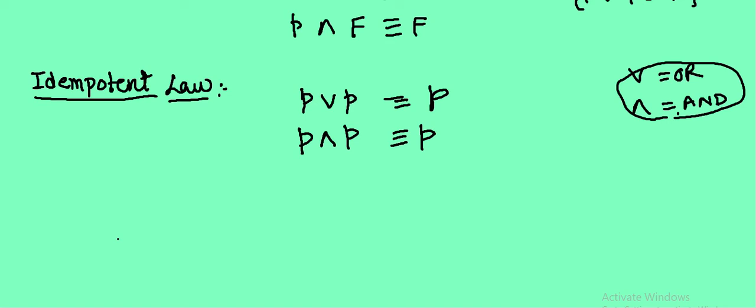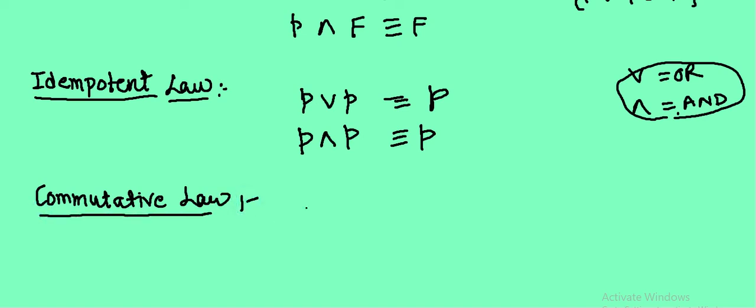Now come back to another law, which is commutative law. Commutative law is a law in which if I take P or Q, it will be equivalent to Q or P, right?